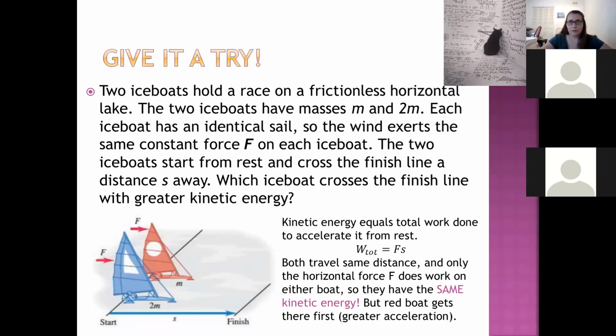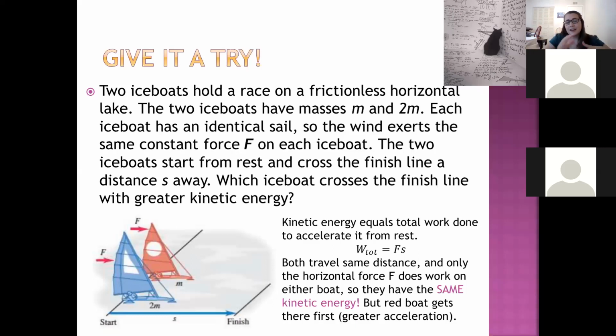And we know from yesterday as well that work is force times your displacement. So if we have the same constant force on each boat and they're covering the same displacement, then they actually have the same kinetic energy.